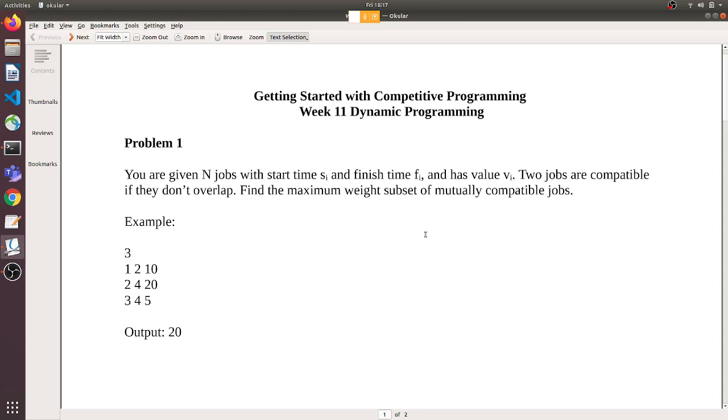Even if we sort in the descending order of their weight, so I'm just asking, if we greedily pick the job with the maximum weight first and then pick the next maximum if it is compatible, will that work? That seems to work for this example on the screen.